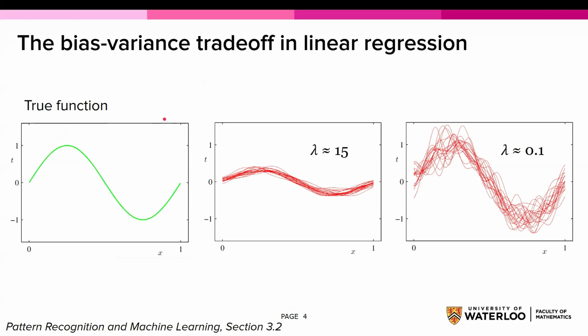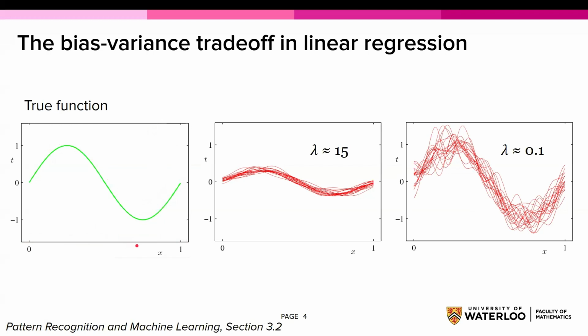What the authors did was they had a collection of data sets consisting of input target pairs, using the sine function as the underlying function to generate that data. And then they corrupted those examples with noise. And then they fit linear regression models to each of those data sets using a set of fixed Gaussian basis functions over the interval 0 to 1.